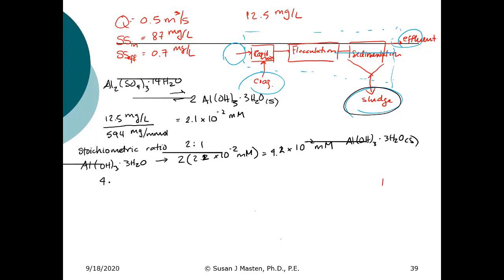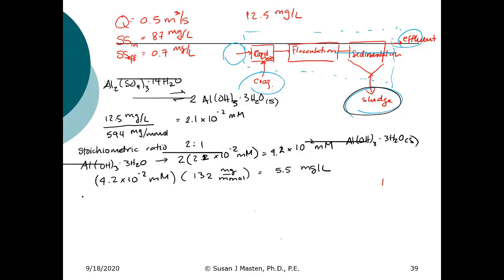We're assuming here that we have exceeded the solubility, so we're precipitating all of that. We multiply that by the molecular weight of the aluminum hydroxide. Again, remember you need to include the waters of hydration in calculating the molecular weight. And that is 5.5 milligrams per liter.